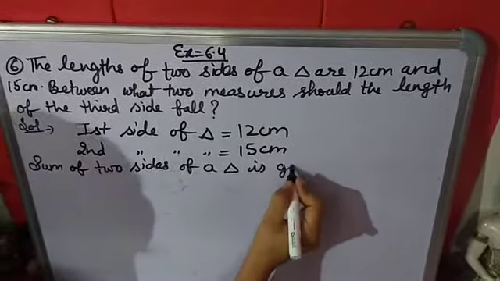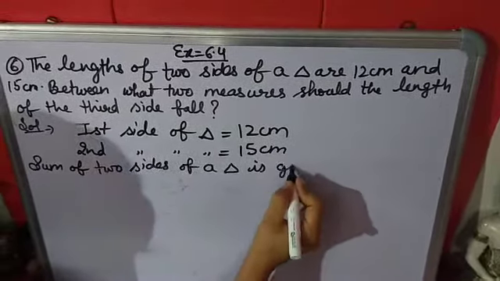So 12 plus 15, the sum of 12 plus 15 is greater than the third side, that is 27. It means the third side will be smaller than 27.